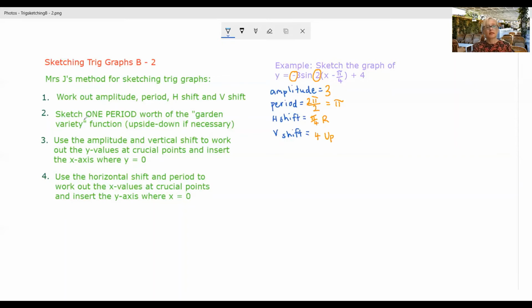Then what I do is I sketch 1 period's worth of the garden variety function, upside down if necessary. You know, in this case, it will be necessary to do it upside down. So I'm going to use my little stencil to trace 1 period's worth of a garden variety sine curve, but upside down.